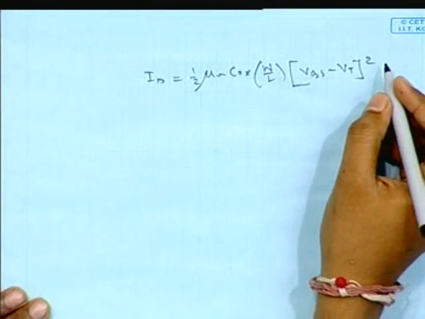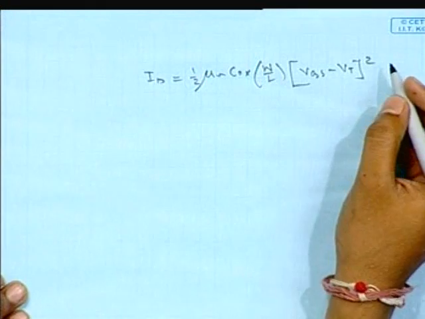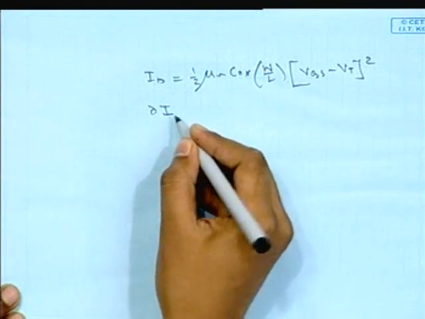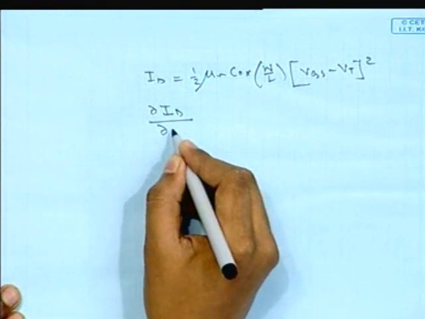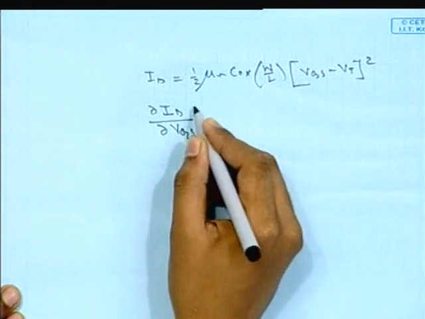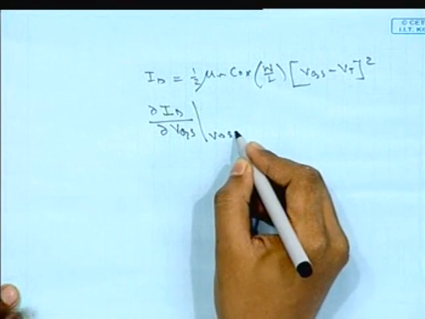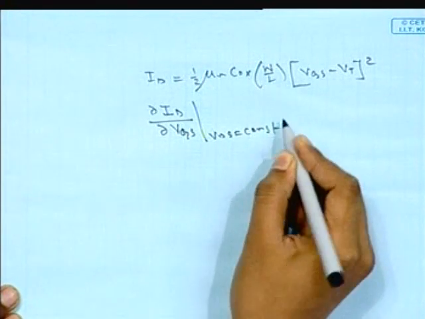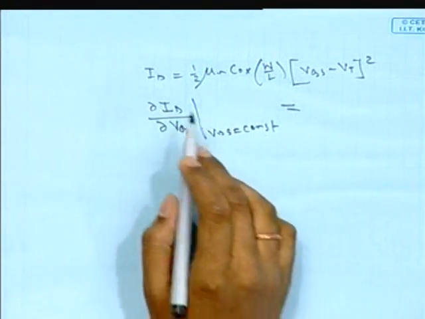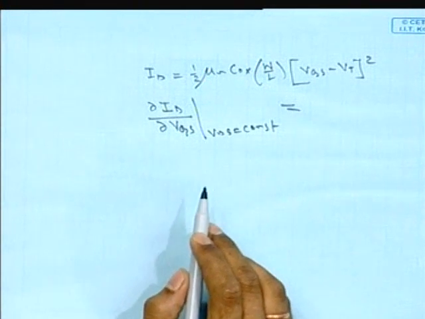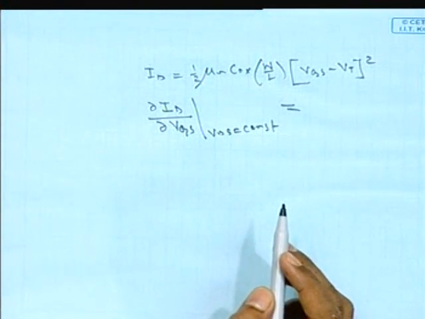Primarily we can ignore that VDS term, and from that we can readily calculate delta ID by delta VGS, taking VDS equal to constant, it needless to say, and from that the gm will be mu n Cox W by L into VOV.